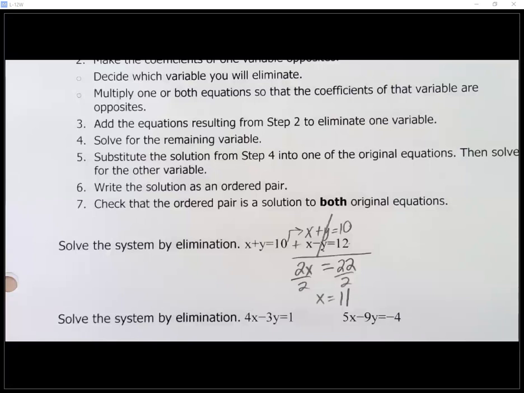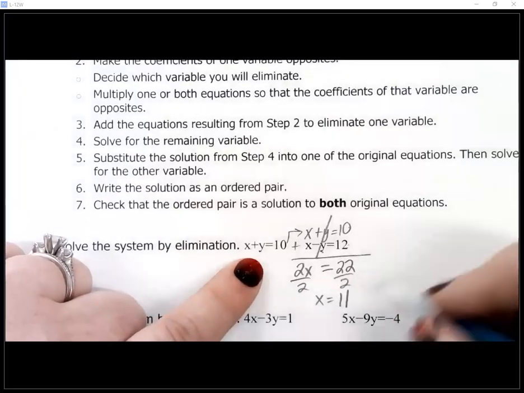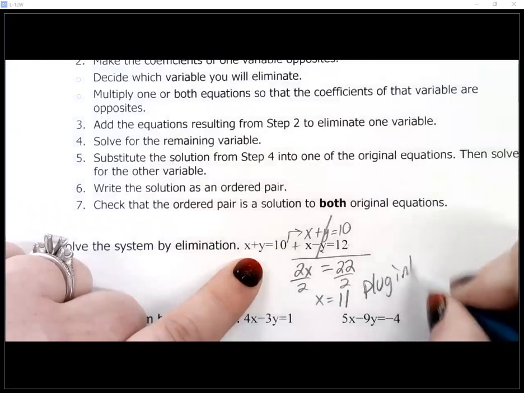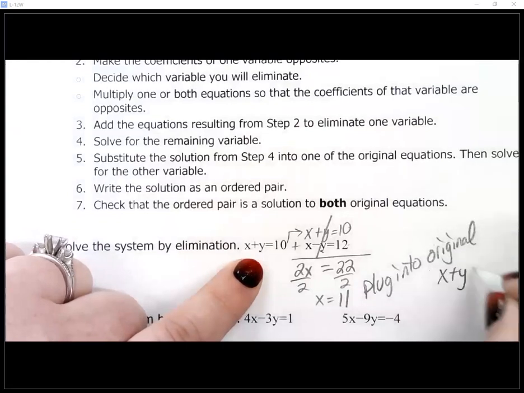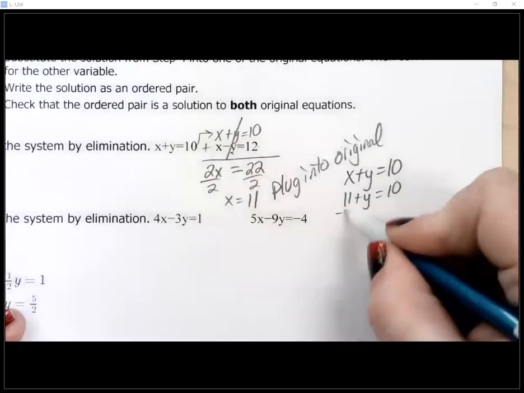We're going to go back to either one of the originals. You get to pick whichever original you want. I'll just pick x plus y equals 10. So I'm just going to plug into an original. Now that I know that x is 11, that means y has got to be -1, right?